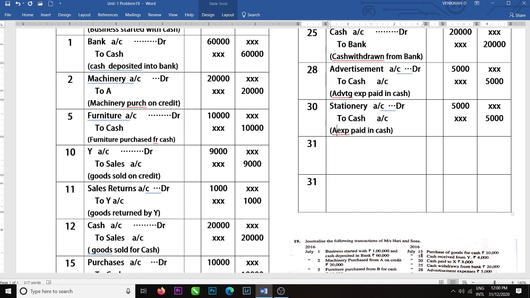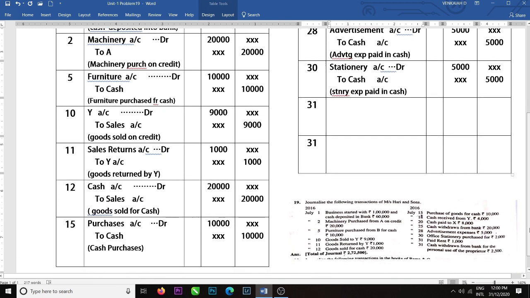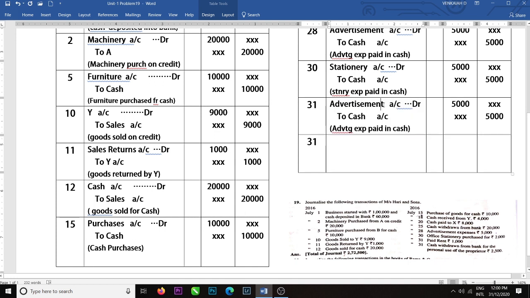I can write narration: stationery expenses paid in cash. Next entry: rent paid. So rent account debit to cash account, same. Rent is also an expense. According to the nominal account, all expenses are debited and all incomes are credited. Rent paid in cash.